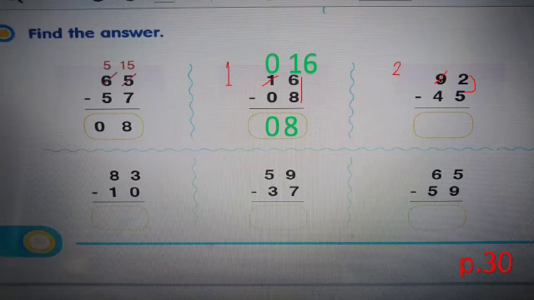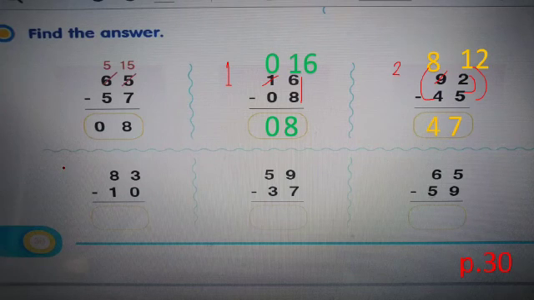So the 9 becomes 8 because we take 1 ten to the ones. So the ones become 12. 12 minus 5 equals 7. And 8 minus 4 equals 4. So the answer is 47.